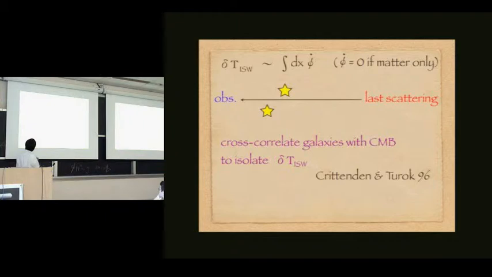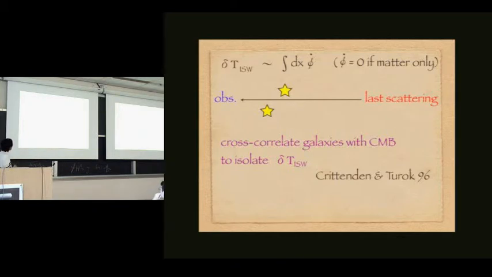The temperature anisotropy that you see has several contributions, one of which is the well-known ISW, which is basically an integral along the line of sight of the time derivative of the gravitational potential. If you have a universe that has only matter, no curvature, no dark energy, then on large scales this should be 0, and so this term should be absent. If you have a universe that has dark energy, for example, this term would be non-zero.